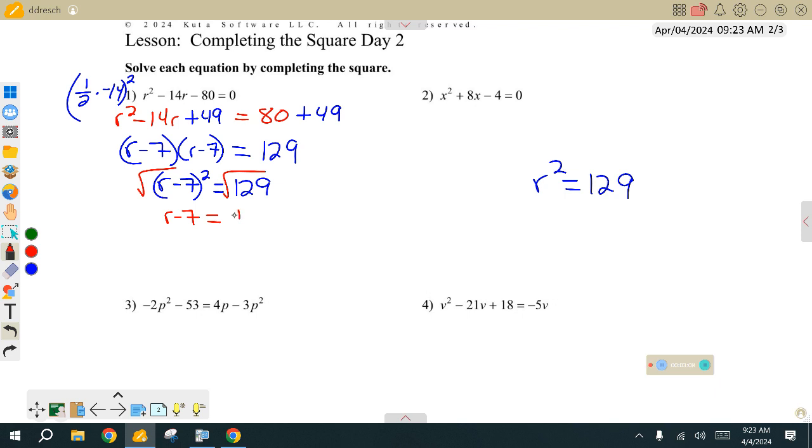But how many solutions do we typically get? 2. So don't forget my plus or minus. One more thing. Gotta get r by itself. So how do we get r by itself? Plus 7. So we say r equals 7 plus or minus the square root of 129.